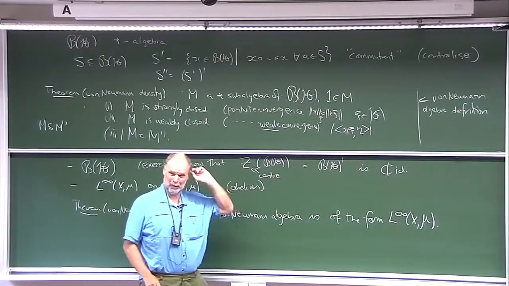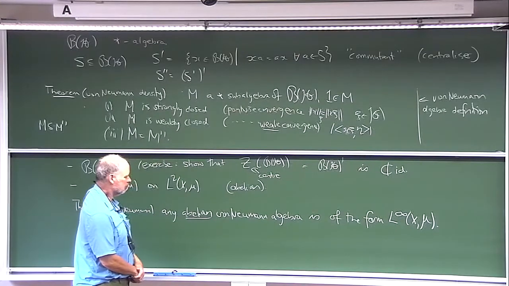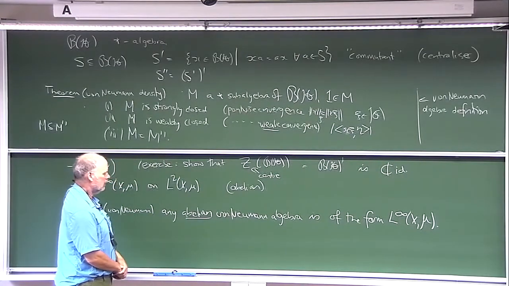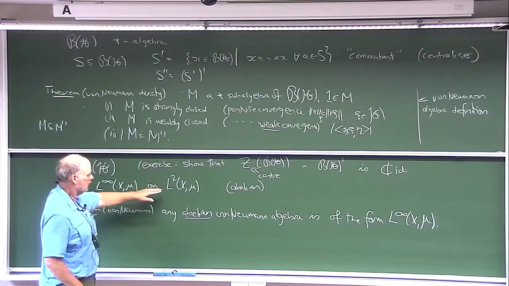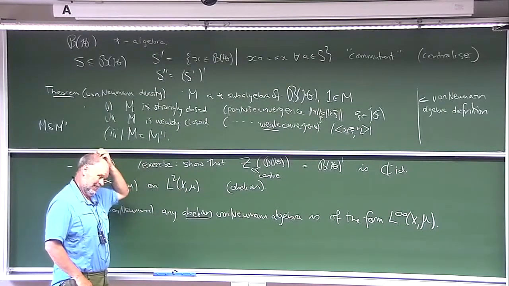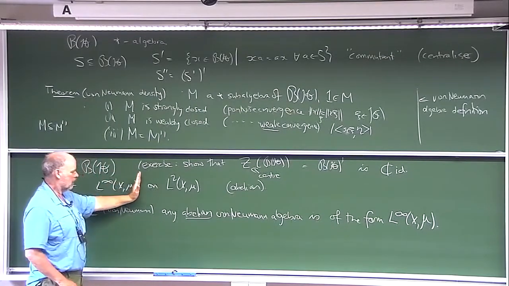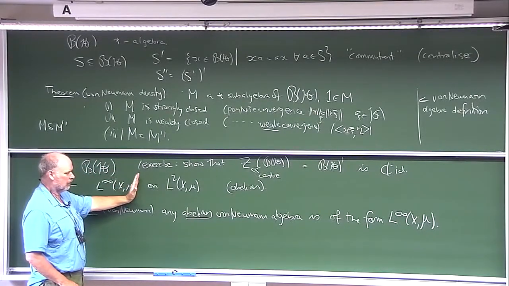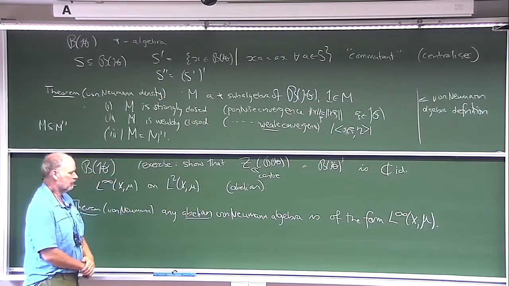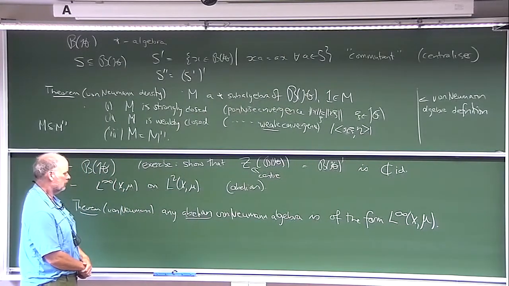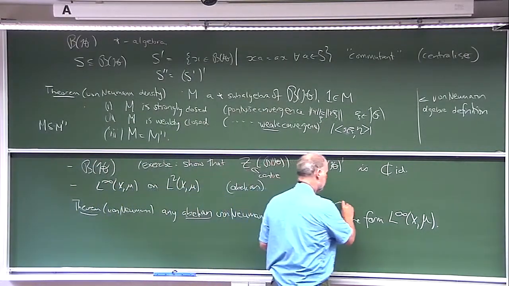Now I'm actually sweeping something under the rug. I'm sort of hiding something that's not necessarily very pleasant, which is the multiplicity question. This L infinity on L2 of X mu, you could think of it as one way of representing the algebra L infinity, but there are lots of other ways with multiplicity, and you can see that perfectly fine in finite dimensions. So when I say of the form, this sort of means up to multiplicity.